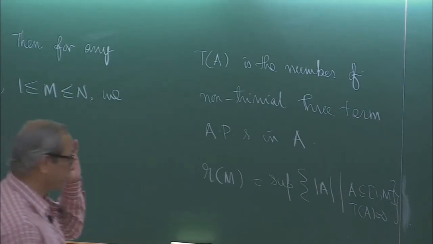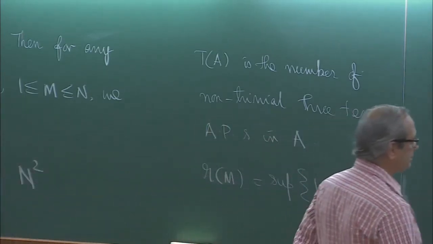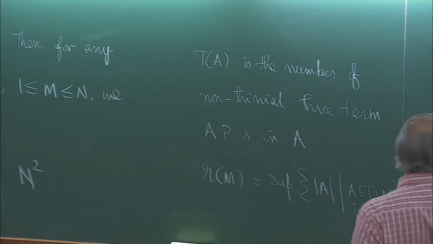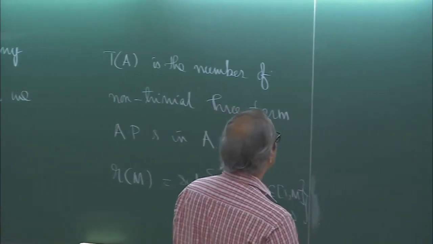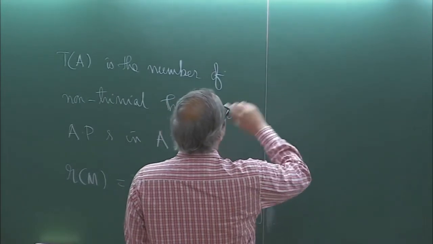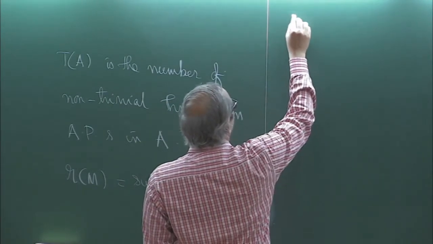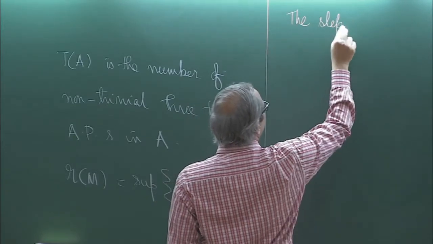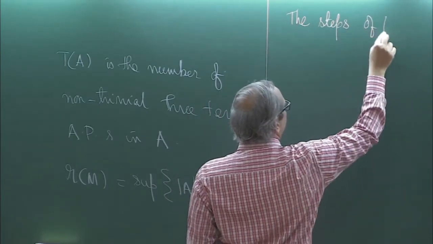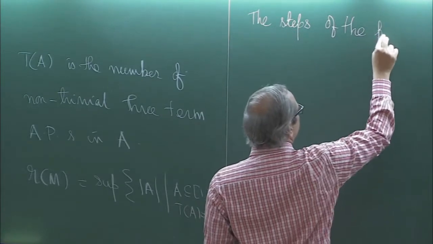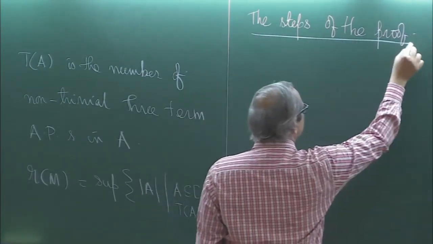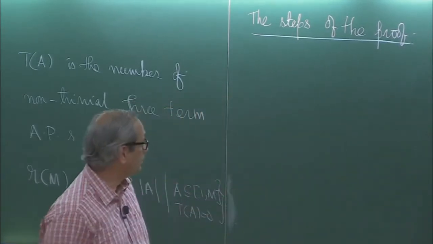So let us go over the steps from the last lecture, just the steps. I shall fill in some details if I have left them out yesterday. So the steps of the proof. Okay, so this is the proof carried out in many steps.